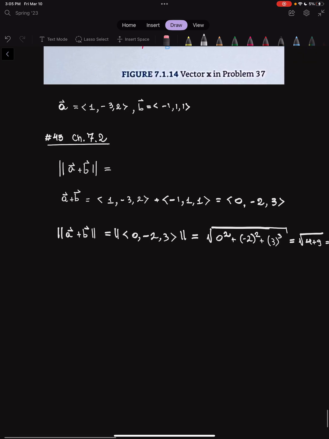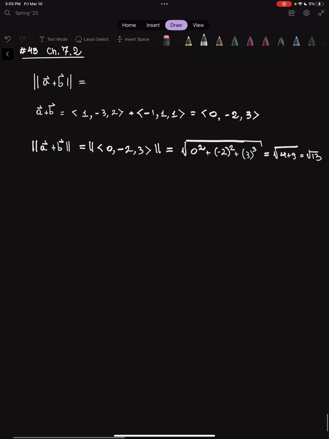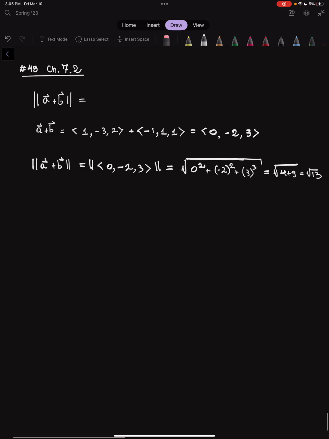Now let's think about it visually for a second, if that makes sense. Let's say we have a 3D axis system. With the right-hand rule, you'd notice that this is my k-hat.